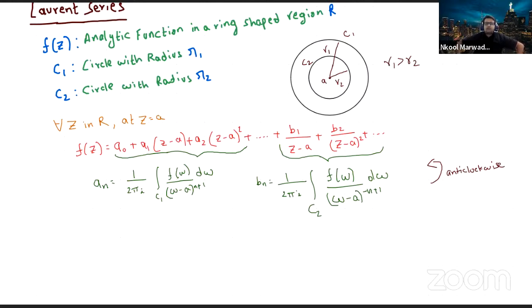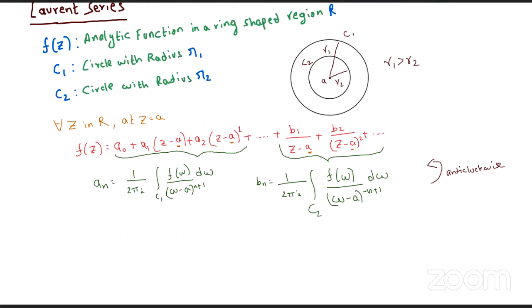Because here a0, a1 are different, and this is the a we are interested in. This is the point about which we are expanding this function. Isn't it? Yes, sir.